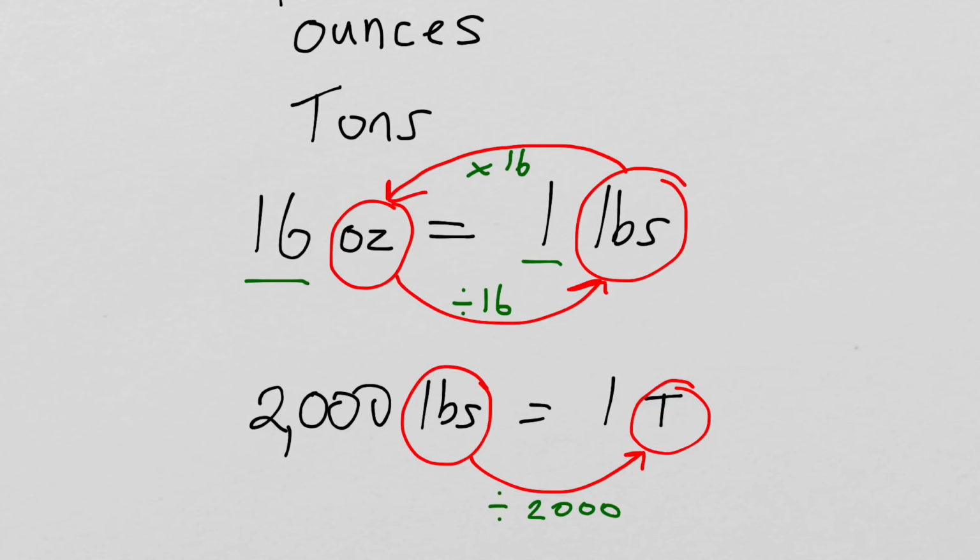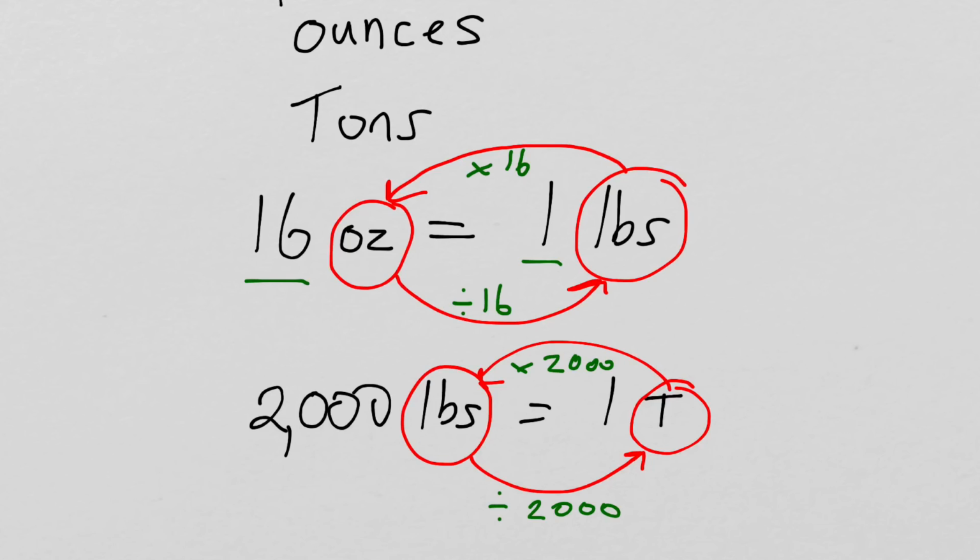So if I've got 6,000 pounds divided by 2,000, it would go in 3 times and make 3 tons, right? Moving back in the other direction, from tons to pounds, 1 to 2,000, I have to times by 2,000. So if I've got 5 tons, 5 times 2,000 is 10,000. It'd be 10,000 pounds. And it's that easy.